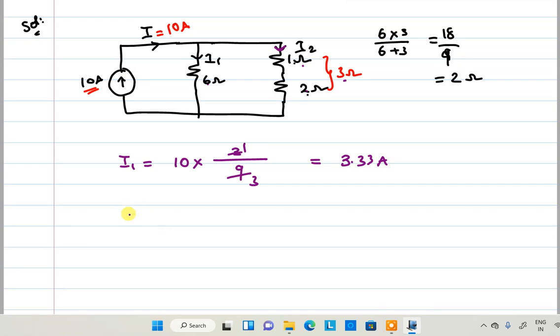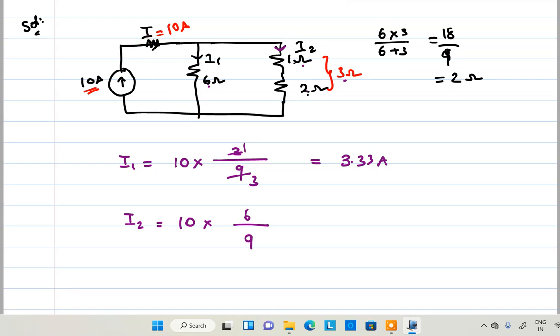What about I2? I2 is equal to, again, total current into, you want I2, so opposite resistance is 6 by total resistance, it is 9. So one more thing I need to repeat. For example, here a 10 ohm resistance is there.